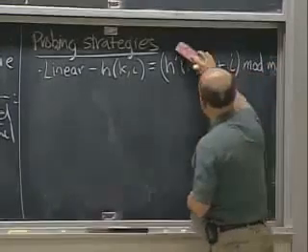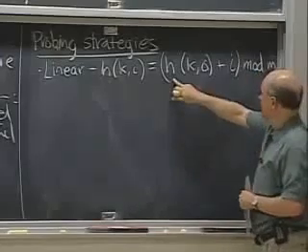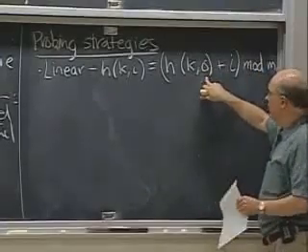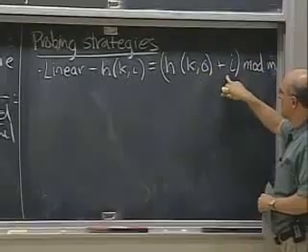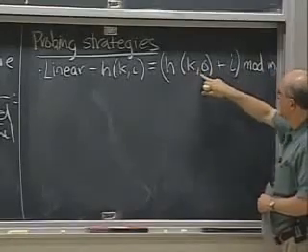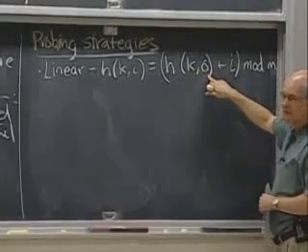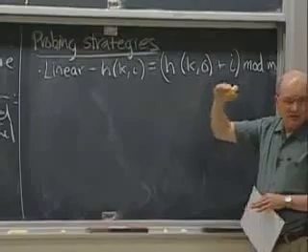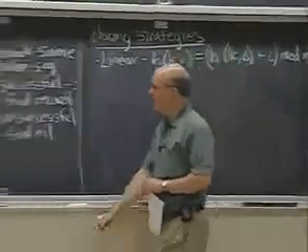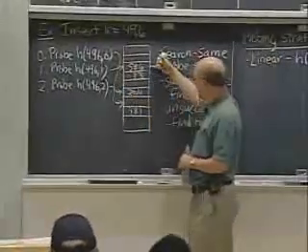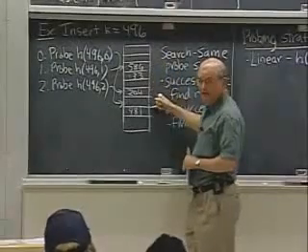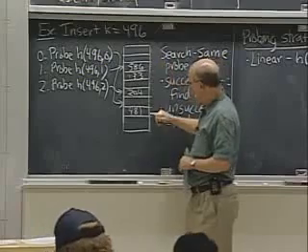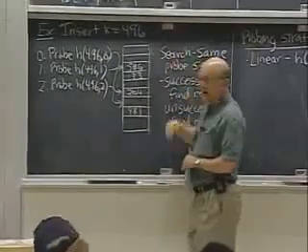So the idea here is that on the 0th probe, you look at h of k, 0. On probe 1, you just look at the slot after that. Probe 2, you look at the slot after that. So rather than jumping around, you probe there and then just find the next one that it'll fit in. So you just scan down mod m. If you hit the bottom, you go to the top.